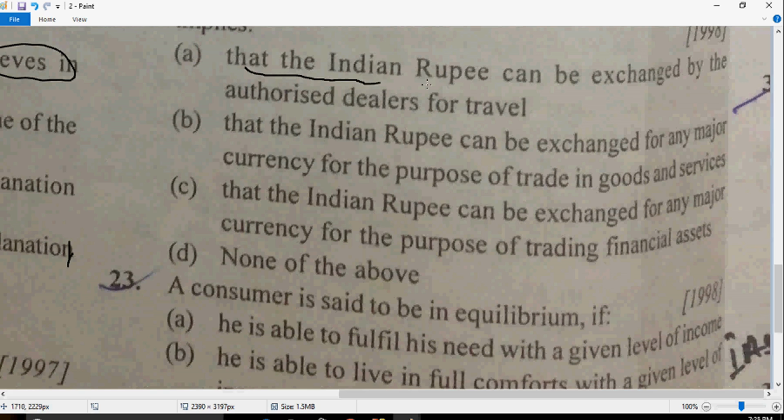A says the Indian rupee can be exchanged by the authorized dealer for travel. No, that is going to be wrong. The Indian rupee can be exchanged for any major currency for the purpose of trade in goods and services, and not only that, for the purpose of trading financial assets. So definitely C is going to be the answer.